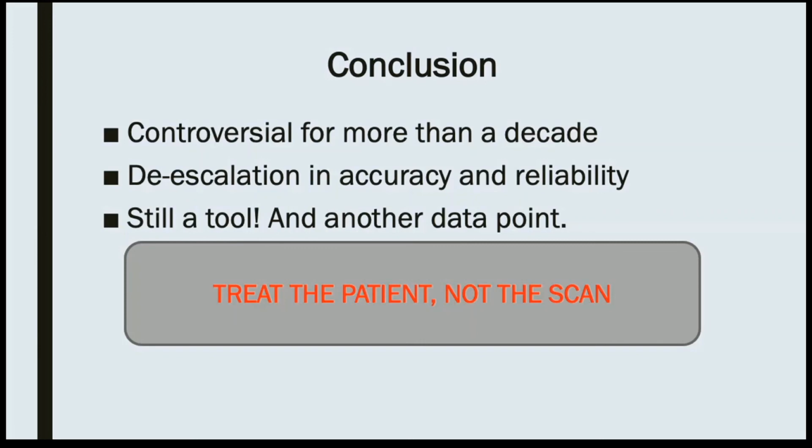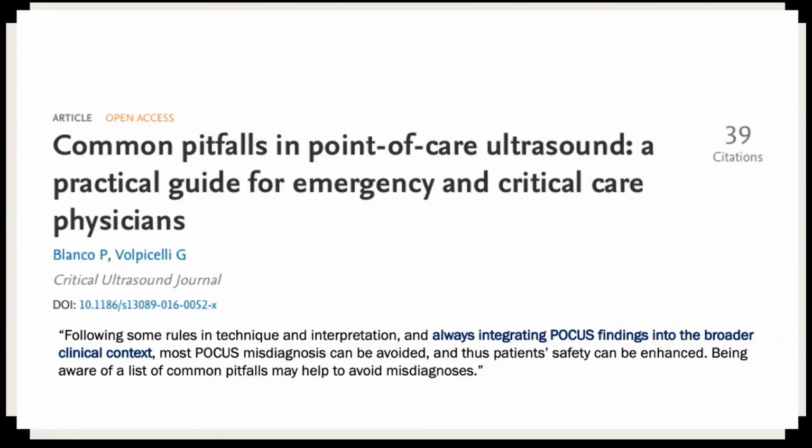If it's not, then you think, maybe I should rethink what's going on. So you always treat the patient and not the scan. And this I just put in: always integrate POCUS into the clinical context. Because if you think that this test is the alpha and omega, you will probably be wrong. It's just a doctor plus POCUS equals better versus a doctor alone.